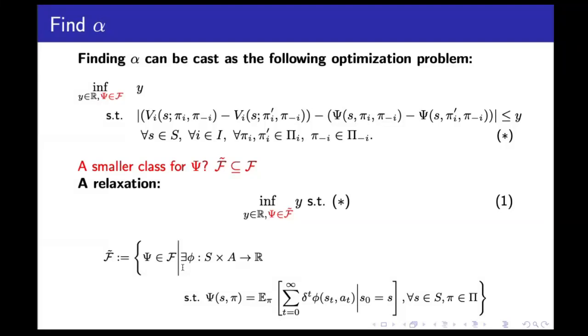Here we provide a relaxation to a smaller function class. This smaller function class, f tilde, is composed of all the functions with this structure. Instead of looking for some function in an equicontinuous function class, we only need to focus on this structure, where for each function psi you can find a small function phi defined just on the product space of state and action.